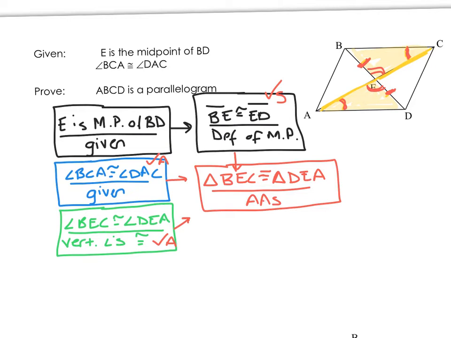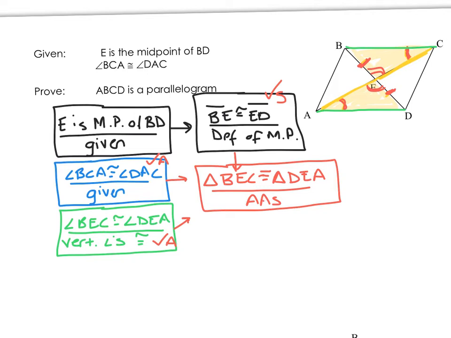And I could state that the diagonals bisect each other. I could do all sorts of things. I'm going to go a little bit different direction. I'm going to go for showing that side AD is both parallel and congruent to side BC. So I'm already halfway to the point where I can show that they're parallel.